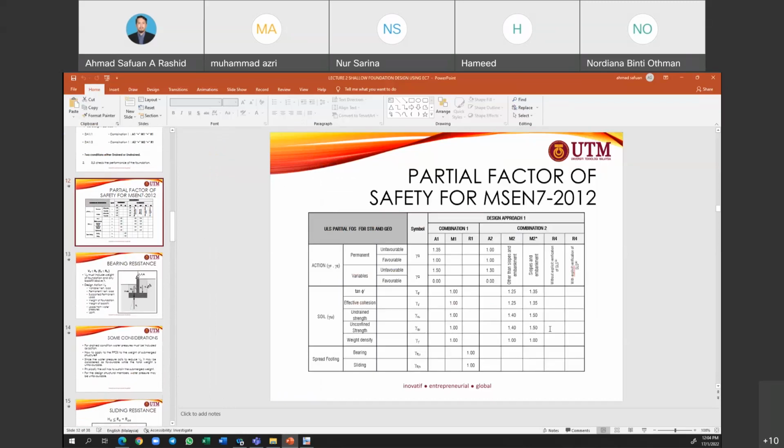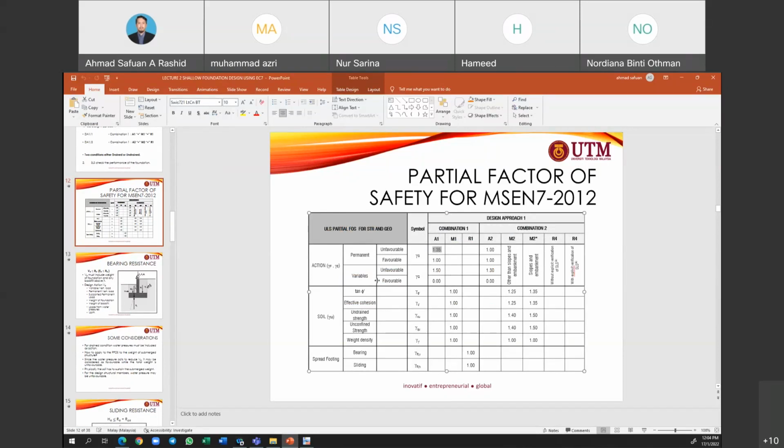Okay, here. So when we look at this table, they only provide for the permanent. Okay, and then we consider the failure condition. So we look at the unfavorable. Okay, so the value that we should use for the permanent is 1.35.